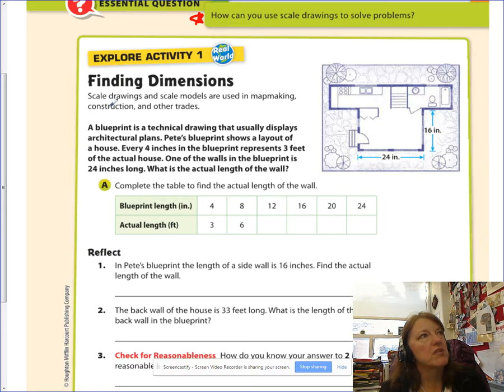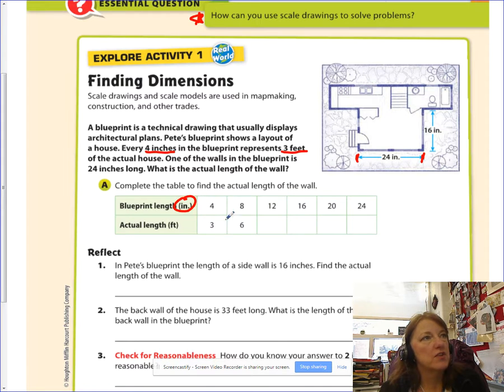Pete's blueprint shows a layout of a house, and every 4 inches in the blueprint represents 3 feet of the actual house. One of the walls in the blueprint is 24 inches long. That'd be this one right here. And they're asking you, what is the length of the actual wall? Okay, so it says every 4 inches, look at this table.